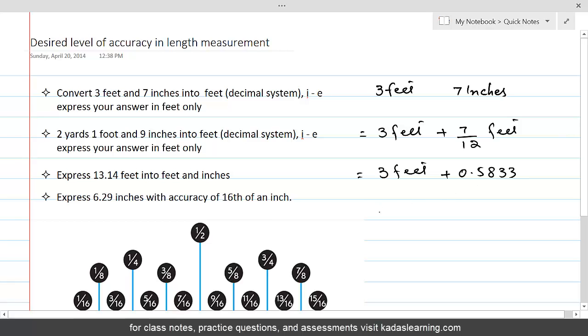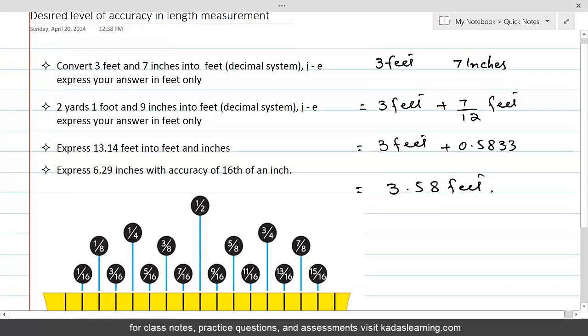Because two decimal accuracy is enough, this will be equal to 3.58 feet. This is if we need to convert it into the decimal system.